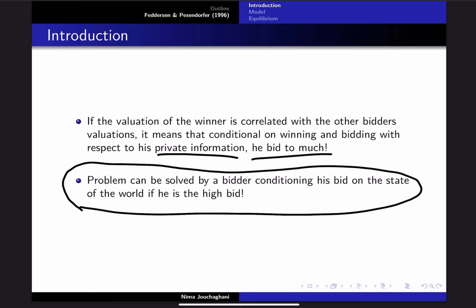So the idea here is that if you win in an auction with interdependent values, you should condition your bid on the state of the world if you win. So you need to incorporate the information about the environment, so what other individuals are doing if you win. And by this, you solve the issue of the winner's curse.